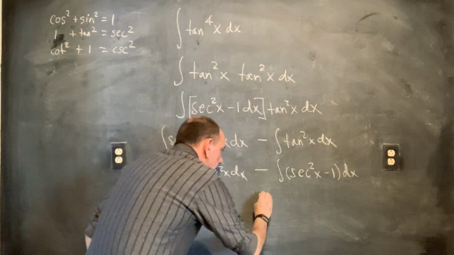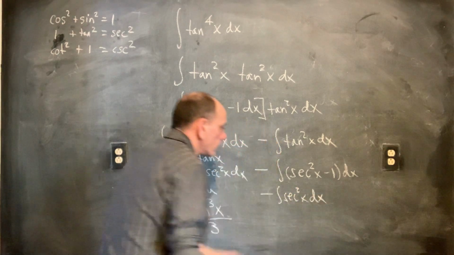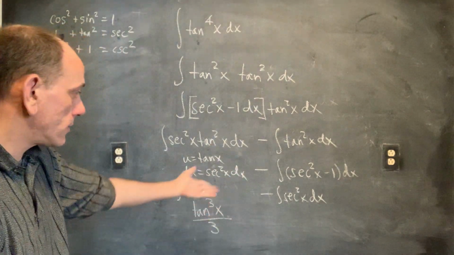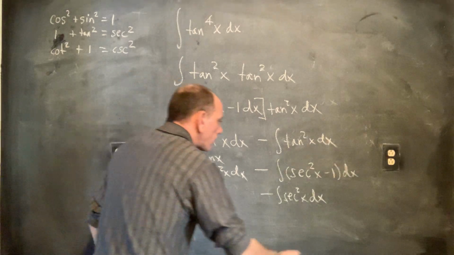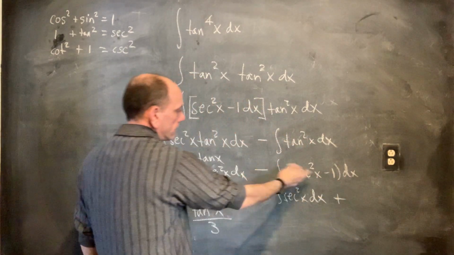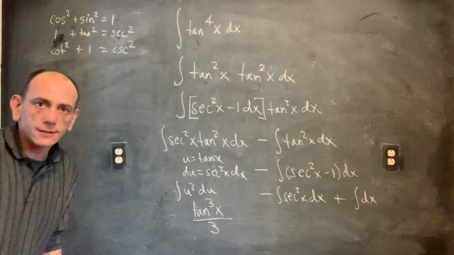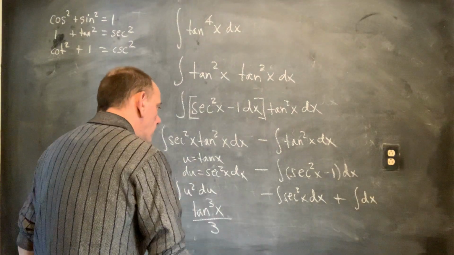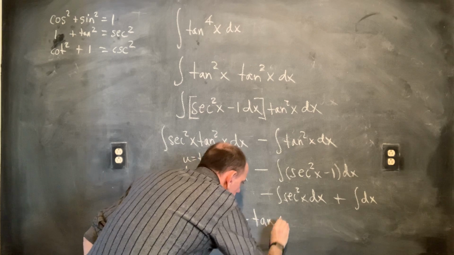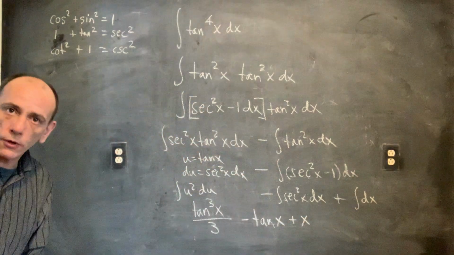Which means I have minus integral of secant square x dx, that's what I was anticipating. That's easy to integrate. That's just the tangent. Plus, and then I've just got the integral dx. So that's also super easy. Integral dx is just x. So we have minus tangent of x plus x plus c, and we're done.